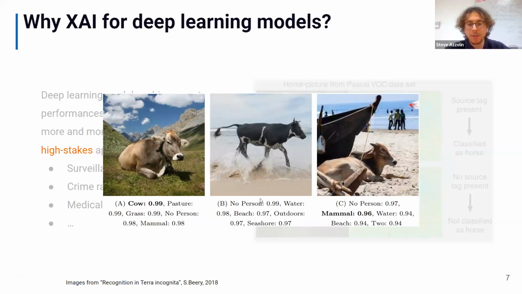Now, if we change a little bit the scenario, we see that the predictions are no more very well aligned with our expectations. It is predicting the absence of a person, water, beach, outdoors, and seashore. But there is no prediction for the cow, even though it's pretty clear from the image that it's right there, right?